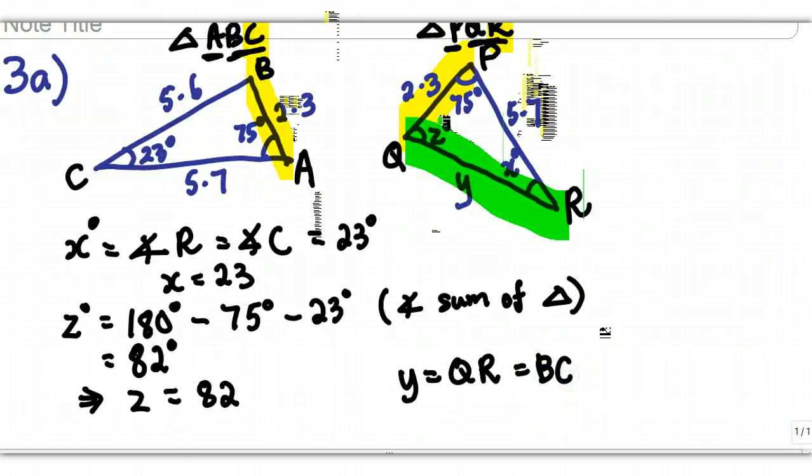So to find out Y, we need to look at BC, where BC is here, and is equal to 5.6. Therefore, we know the value of Y is equal to 5.6. So you can see that by comparing the corresponding sides, you can very easily find unknowns in a triangle. Now let's go on to try question 3b so that you get more familiar with this.